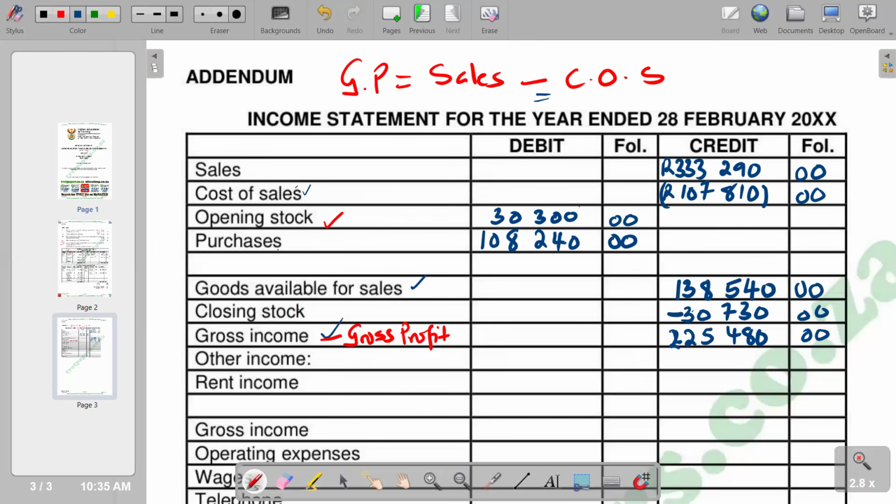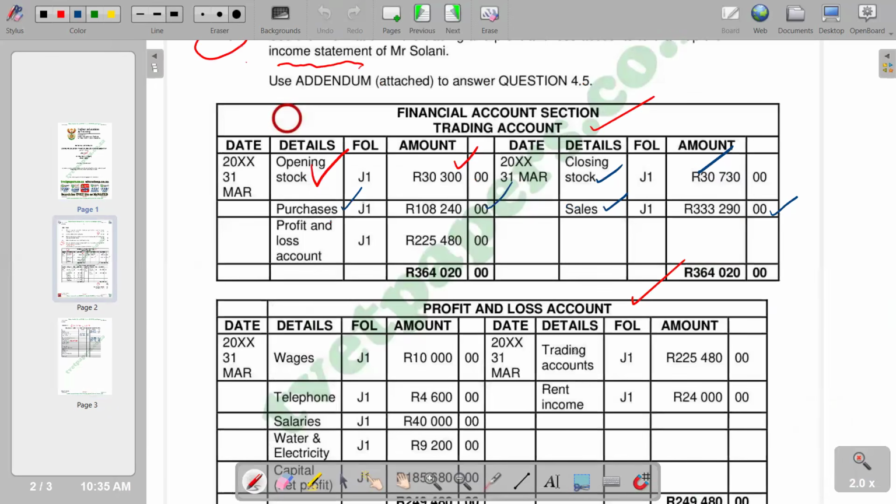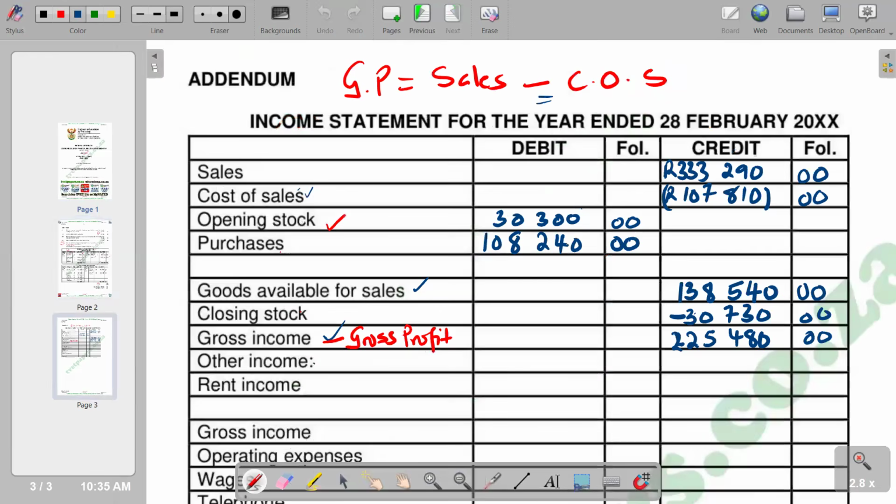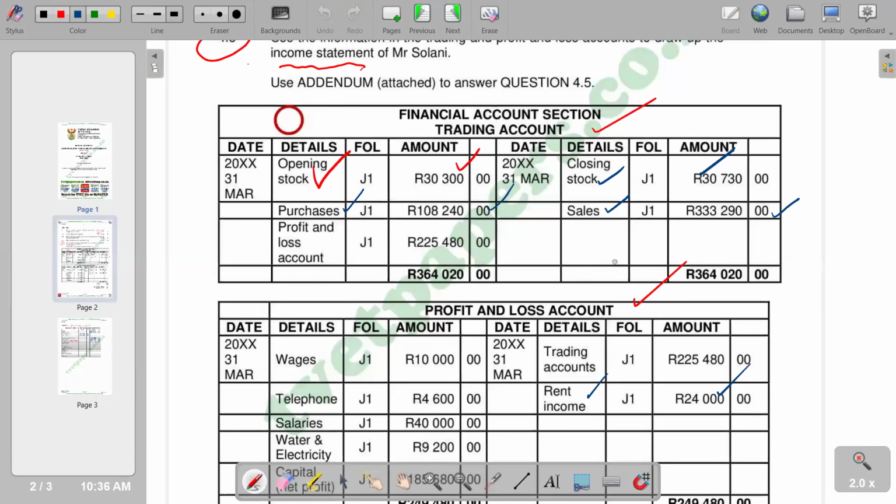So we go to other income. So other income is just a description that we have there as other income, and then we list the other income beneath that. So we've got rent income according to our question. So we check where we have our rent income. Of course, rent income is here, which is 24,000. So we have to subtract 24,000. So in this case, we are putting our rent income as 24,000.